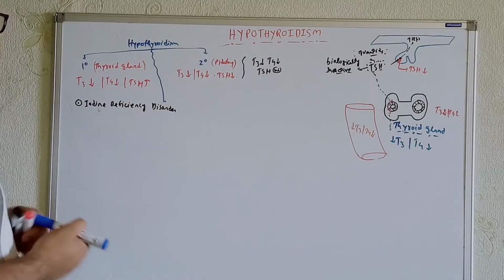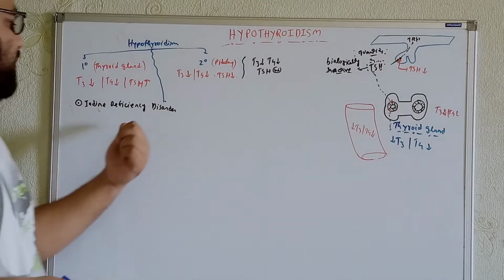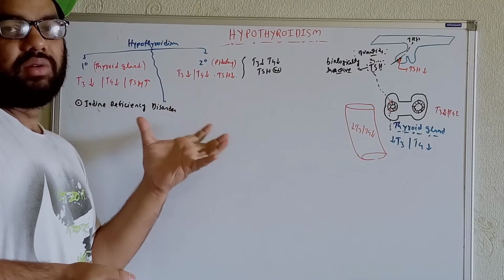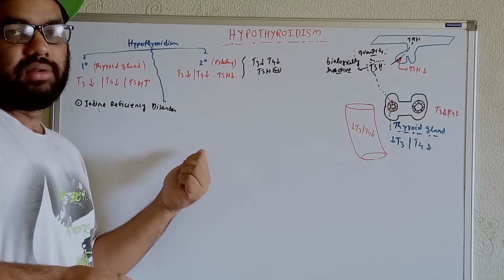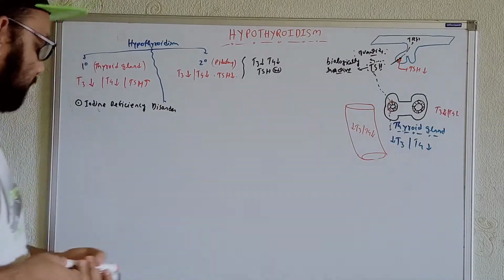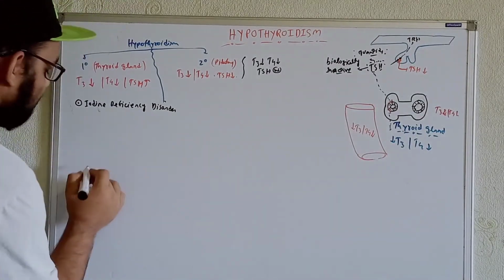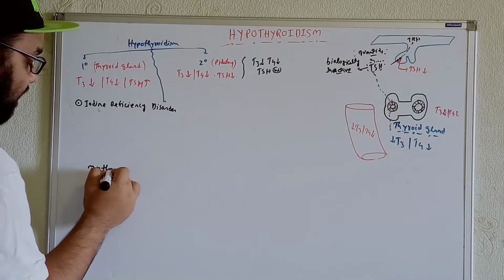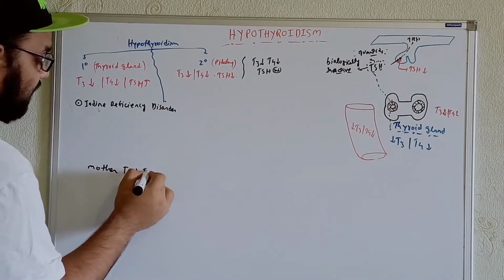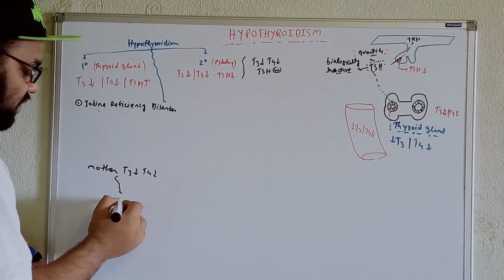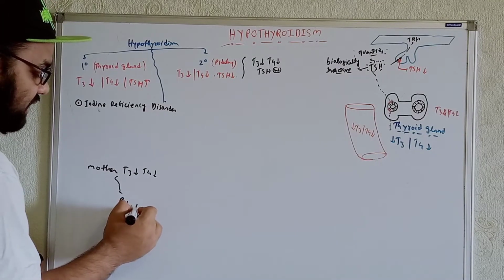Now another thing, for example, with mothers during pregnancy: if we check the TSH level or the thyroid hormone level and it is less within the mother at that time, then whenever the mother has less T3 and T4, in the same way, from the mother through the placenta to the baby or the fetus, a less amount of T3 and T4 will reach.